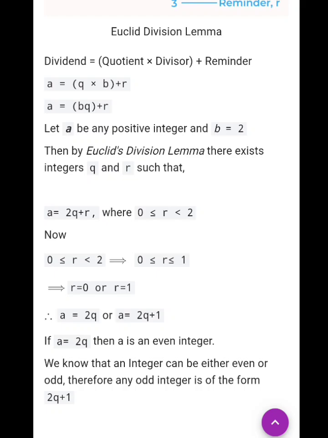Then definitely a is equal to 2q plus 1 will always be an odd number. So 2q plus 1 can be used for the general representation of an odd integer, since 2q is even, and if you add 1, it will always be odd.